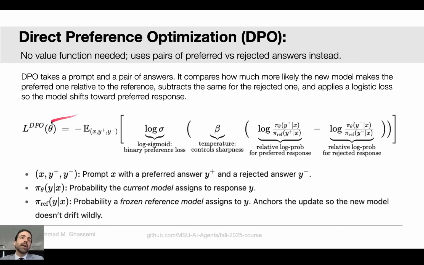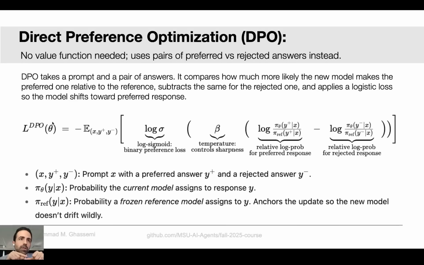It will make an update to the network such that it drifts in the direction of your preferred response, relative to how drastic that difference was against the not preferred response in terms of the probability of the sequence getting generated. The thing you practically want to remember if you're going to do direct preference optimization, once again, is that you will need labeled data in order to do this.